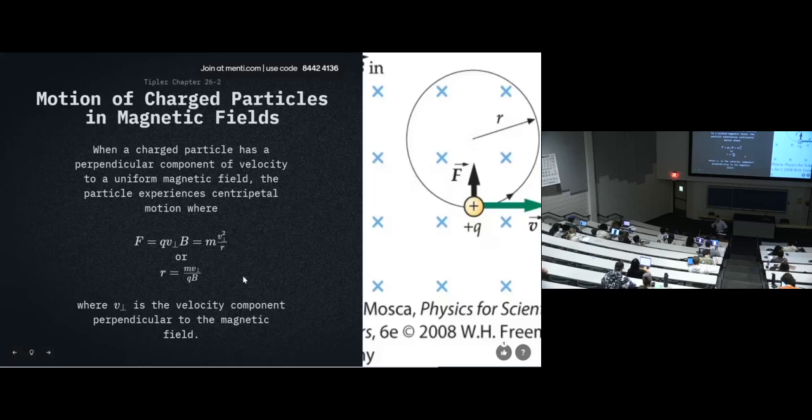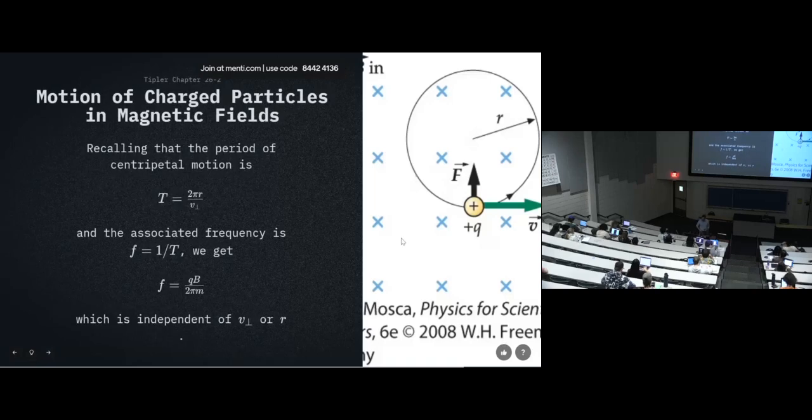And where that strikes a detector plate gives you an idea of what the mass to charge or charge to mass ratio is. So mass spectrometers get more complicated than this simple idea that I'm giving you here, but they're all based on the same premise.